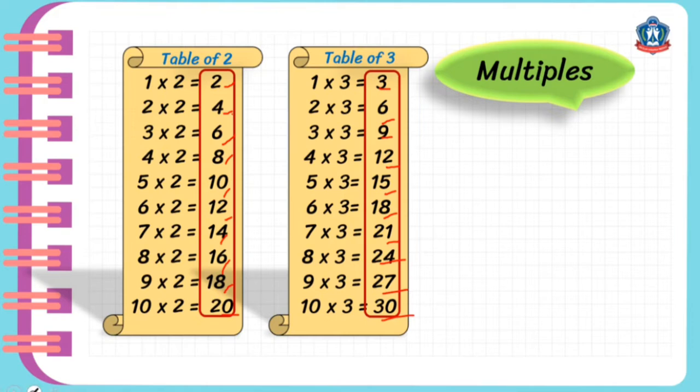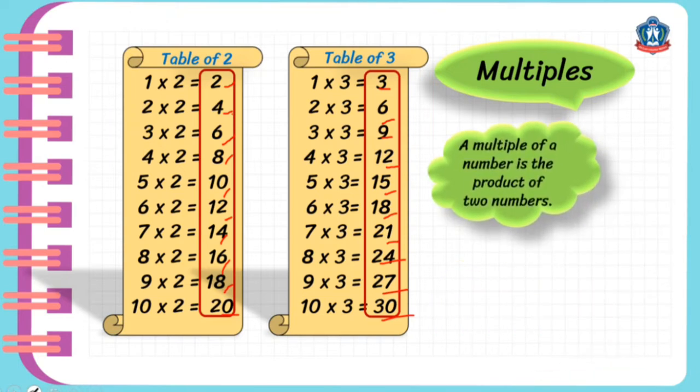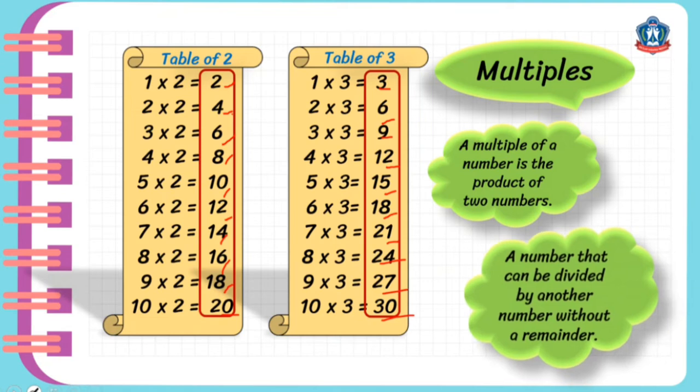Studying the multiplication tables, children, is very important in finding the multiples of a given number. A multiple of a number is the product of two numbers. Remember that the multiple is the answer or the product if you multiply two numbers. It is also a number that can be divided by another number without a remainder.